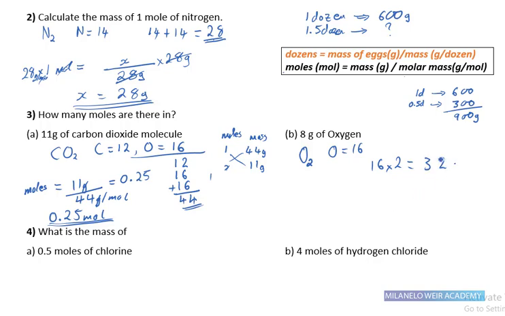Right? 32 yana. The moles is equal to mass in grams, 8 gram, divided by molar mass. Molar mass is 32 gram, and this is for each and every mole. Yes, alright. These ones they cancel out. 8 divided by 32.